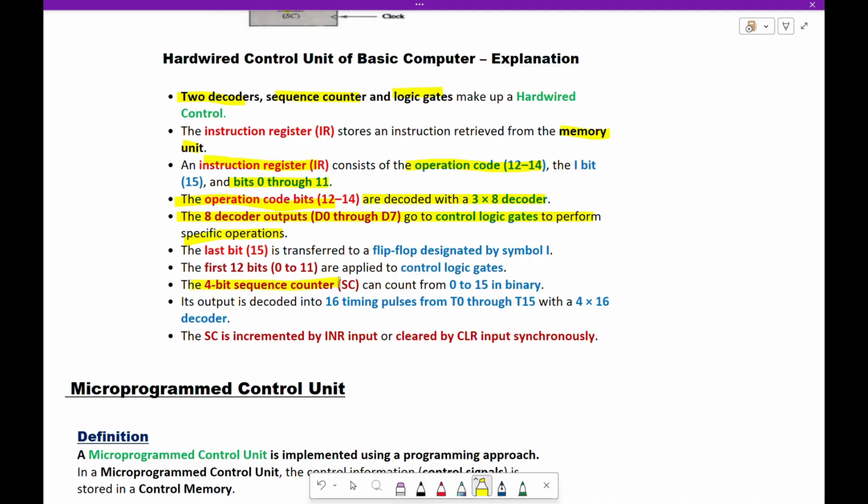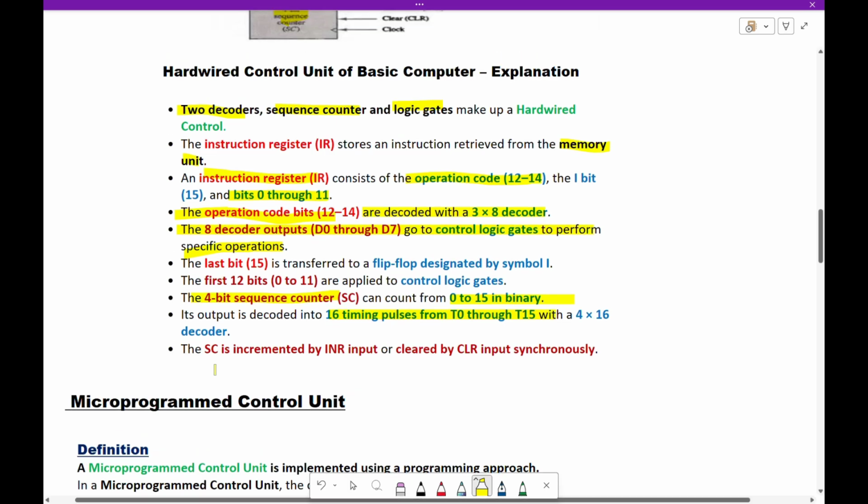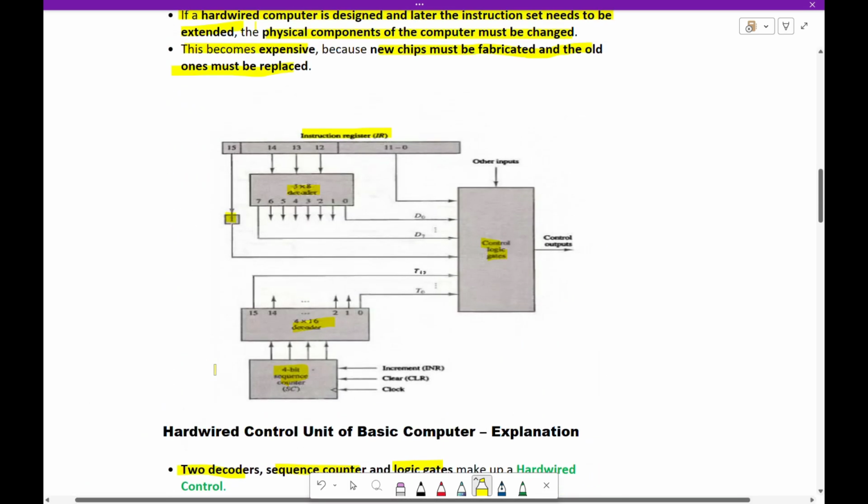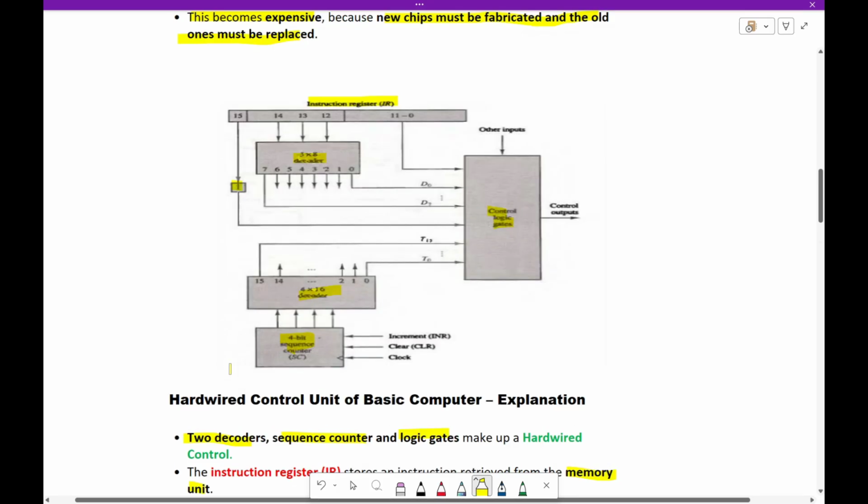The 4-bit sequence counter can count from 0 to 15 in binary. Its output is decoded into 16 timing pulses, T0 through T15, with a 4×16 decoder.